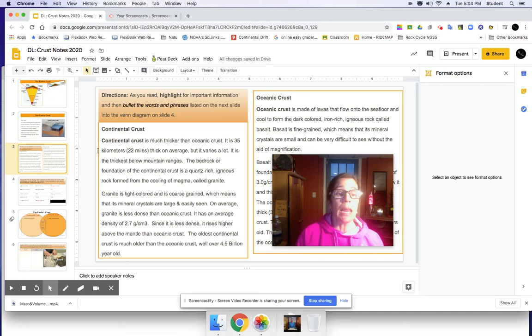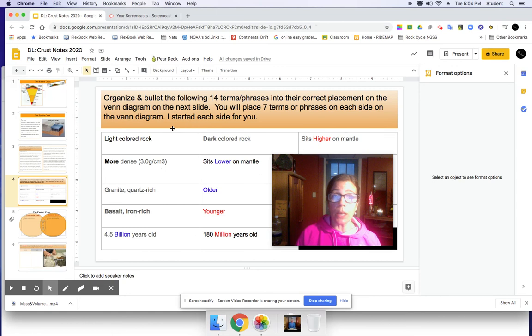And then when you get to slide number 4, after you read about the continental and oceanic crust, slide number 4 asks you to organize and bullet the following 14 terms and phrases into a Venn diagram, which is now on slide number 5.